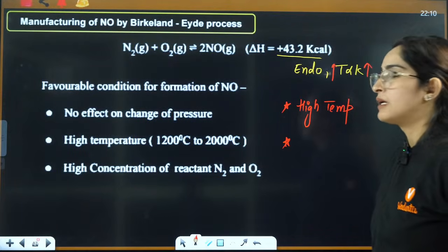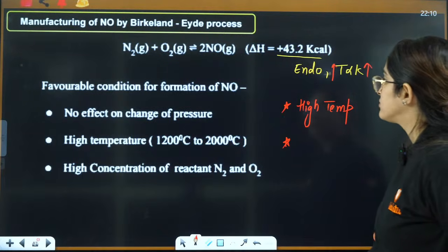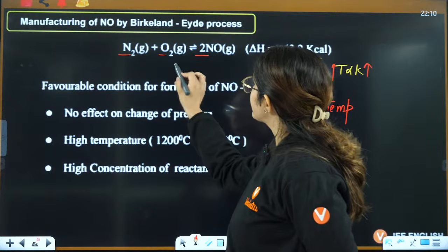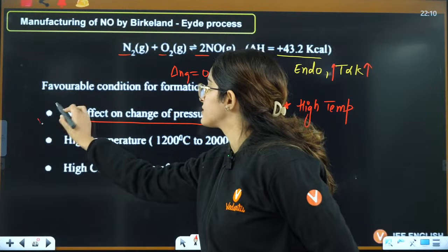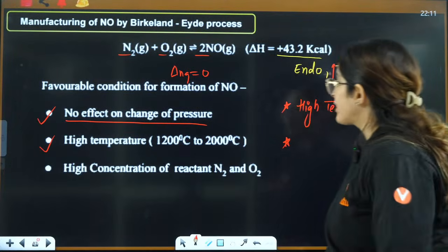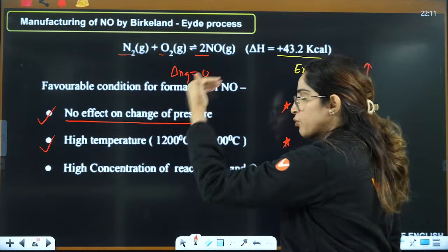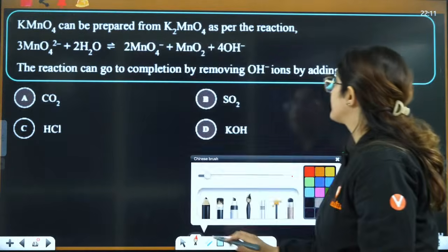And what about pressure? Delta Ng is 0 here, so there is no effect of pressure. Concentration of reactant must increase, so to lower the concentration of that, it will move in the forward direction. Okay, right everybody?